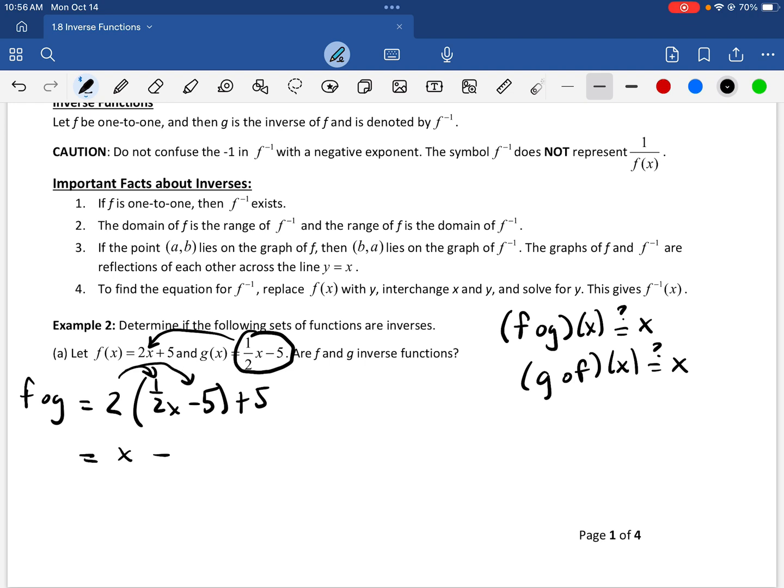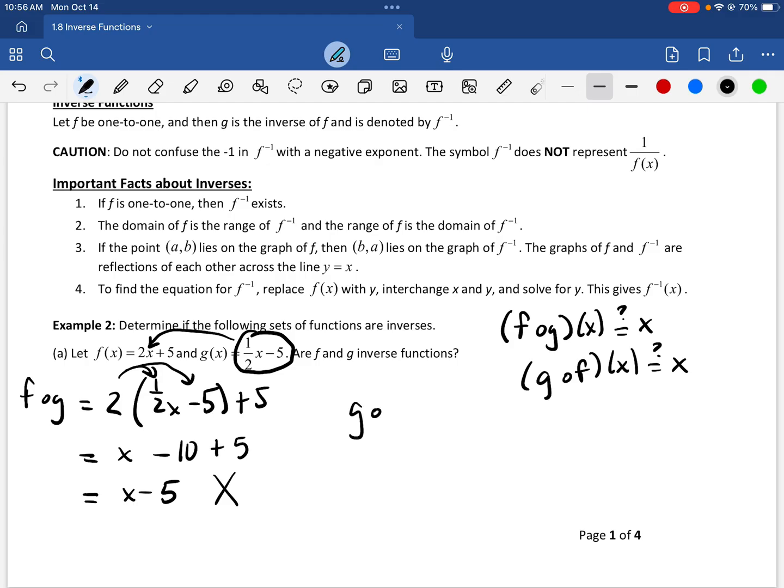That's going to be x, that's going to be 10, and then we're going to have plus 5. So that's going to be x minus 5. That indicates to us that no, these are not going to be inverses of one another.